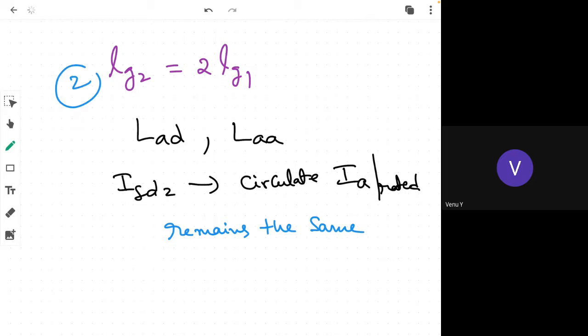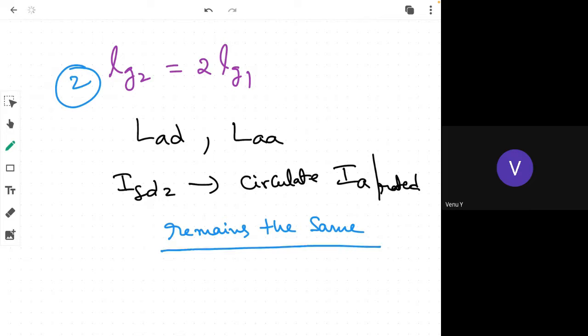This is the second point. So these two are important points.